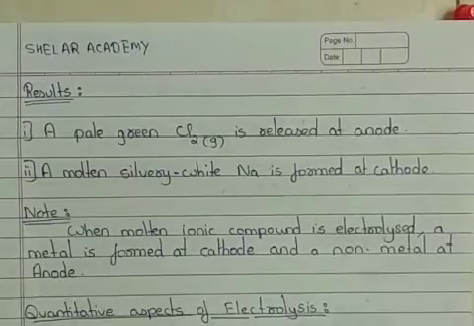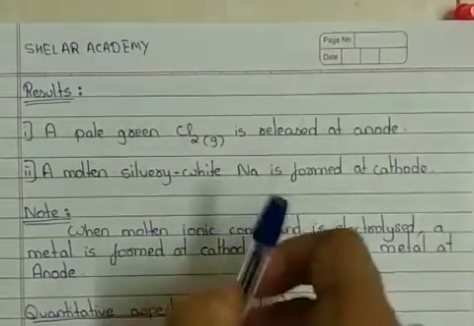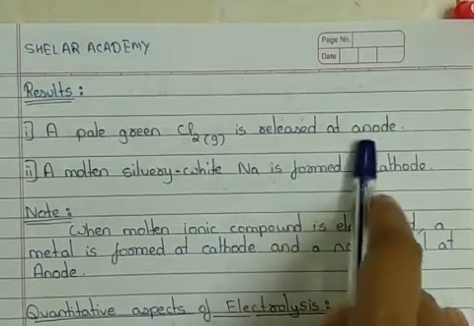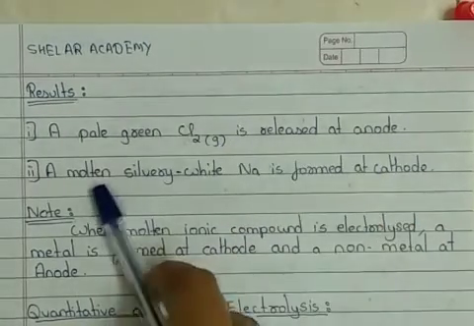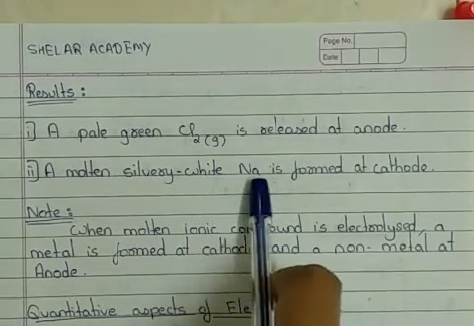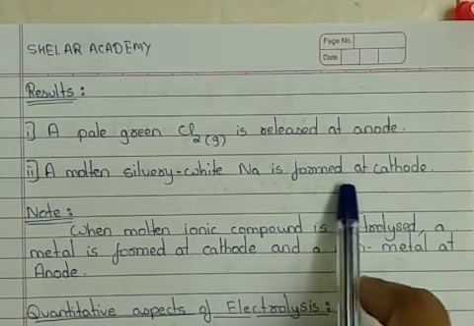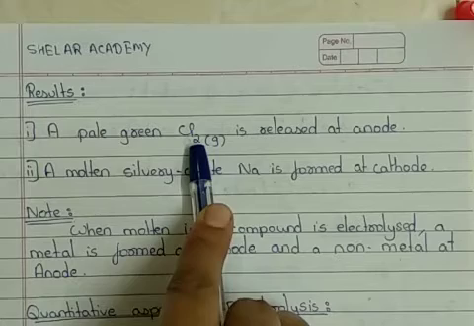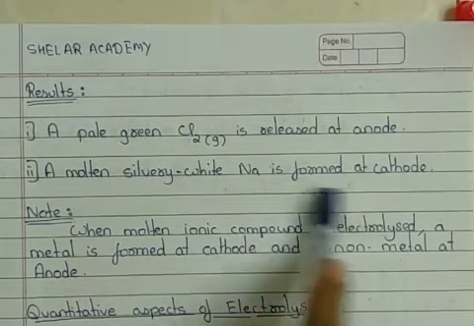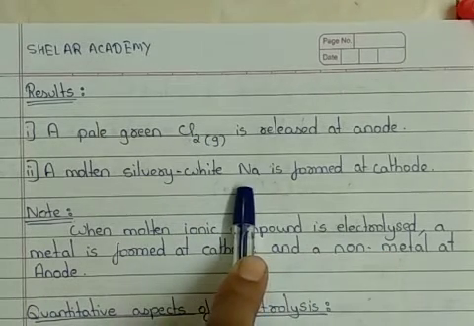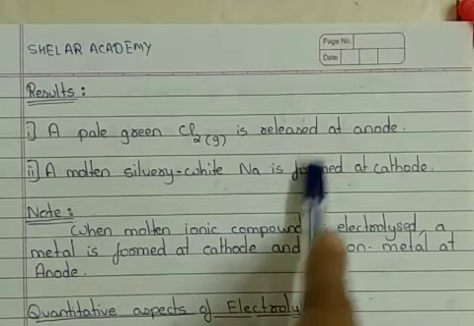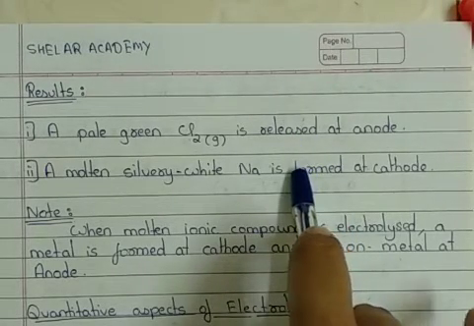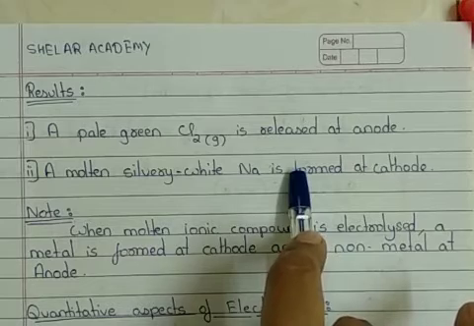So what we observe is that pale green chlorine gas is released at the anode and molten silvery white sodium metal is formed at the cathode. So at the anode chlorine gas is deposited, and at the cathode sodium metal is liberated. These are the two important results during the electrolysis of molten NaCl.